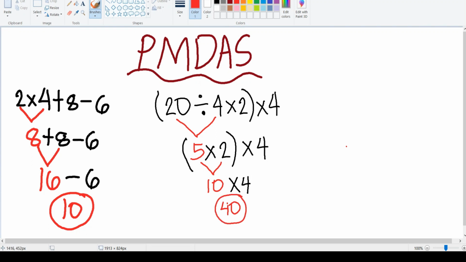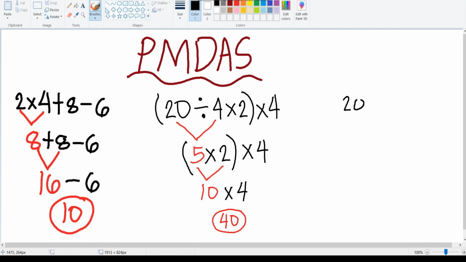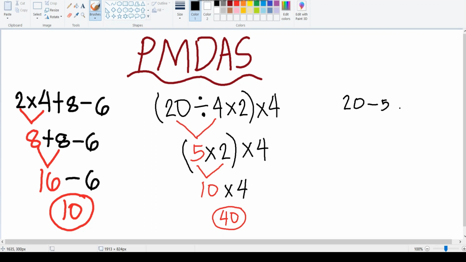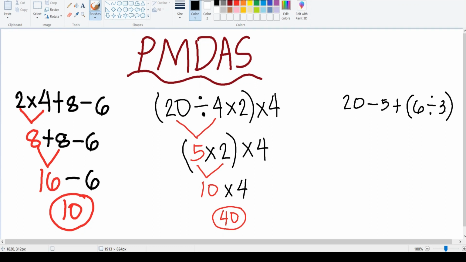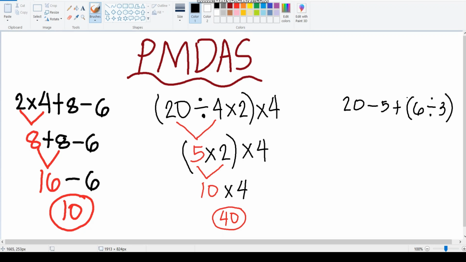Now, let us have an example where addition and subtraction are given in the expression. Now, for example, we have 20 minus 5 plus the quantity of 6 divided by 3. Now, according to the PEMDAS rule or the PEMDAS order, we have to start with the parentheses. So, we solve first the value inside the parentheses.